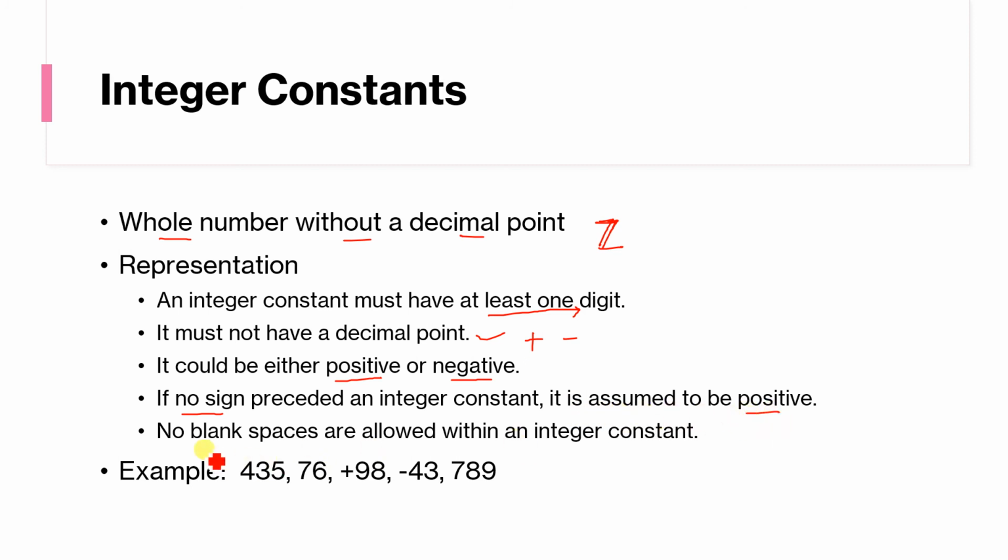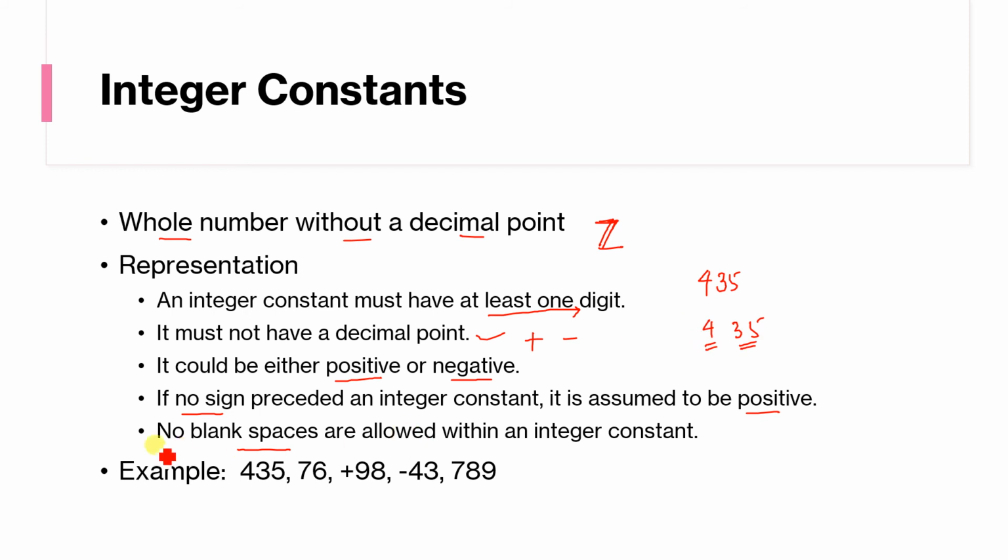Whenever you are writing any integer constant, or a number you want to store inside a variable, you should not give any space between the digits. Like if you want to represent 435, you should not write 4, then a space, then 35. That is treated as two different numbers, so we cannot write constants like this.